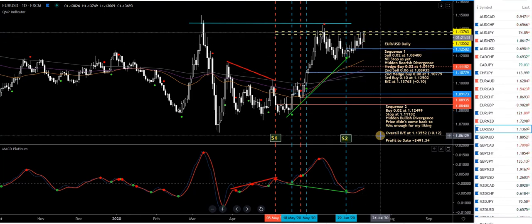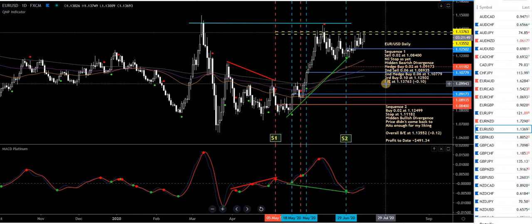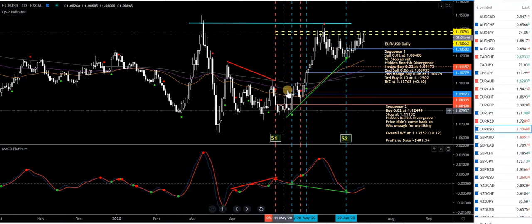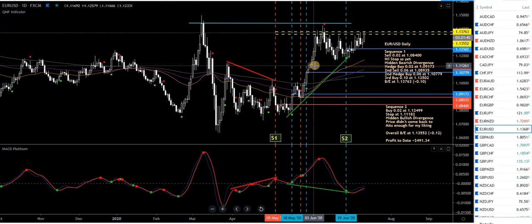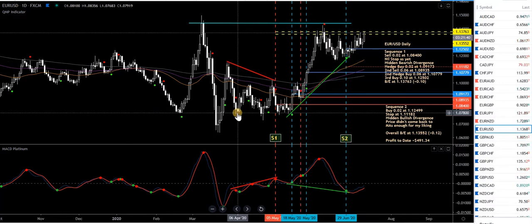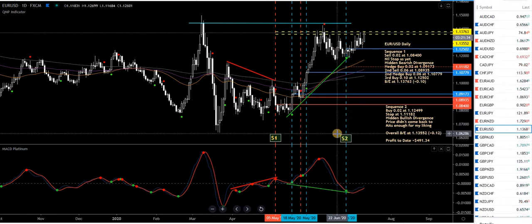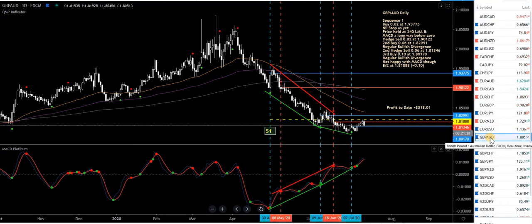So we've got overall break-even for all trades, and we've got a break-even for sequence 1, which is the one I'm trying to get out of, so that's good. So at the moment, if I closed all trades, it would be a slight profit or overall break even. We're just in sort of no man's land between them at the moment, and yeah, that's all right. Hopefully goes up a bit higher.